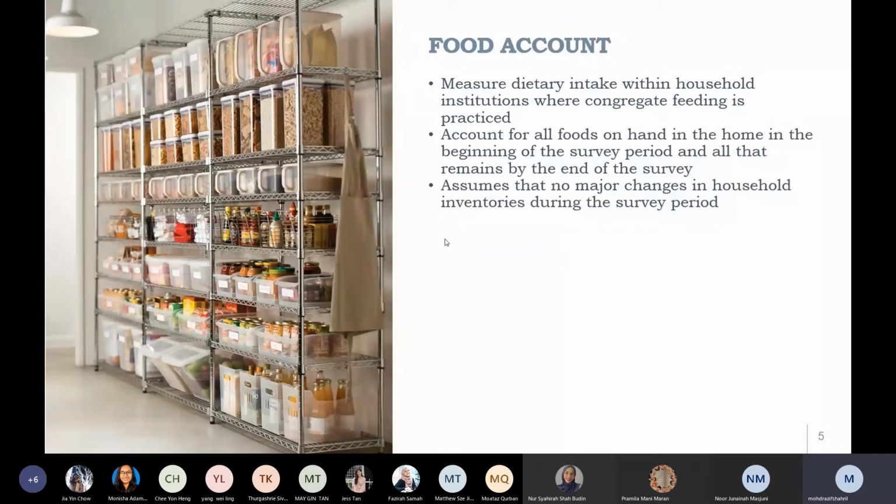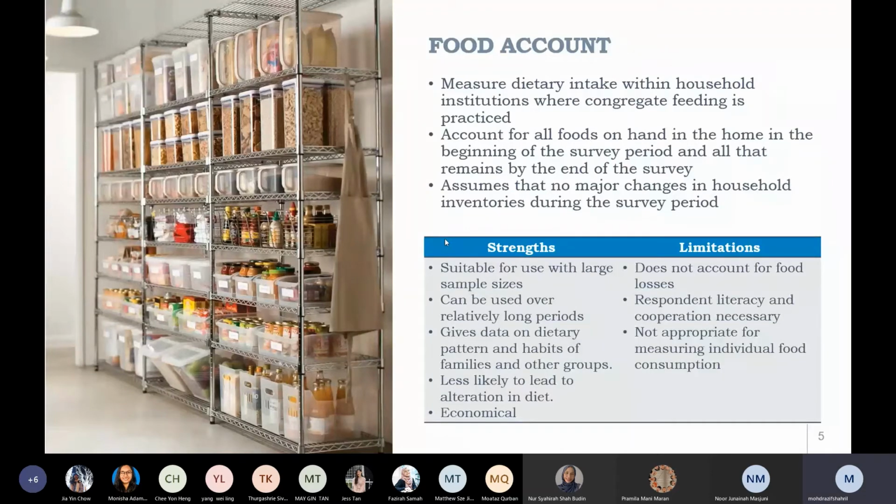But this assumes that there are no major changes in household inventories during the survey period. So if we are doing the survey for a month, we assume that in between there are no additional foods being added into the pantry, or if they are added, they must be recorded.